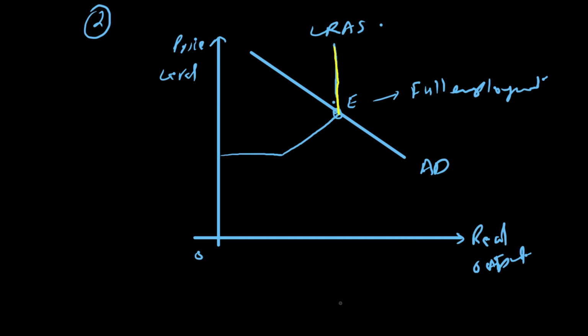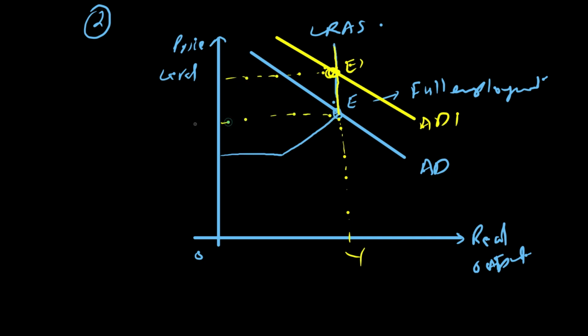Now if there is an increase in aggregate demand, the aggregate demand curve will shift to the right. So price level will increase, but real GDP will remain the same. You can see that real GDP at this point is Y, and the increase in aggregate demand shifted the curve to the right, and equilibrium moves from E to E1, where price level rises from P to P1.